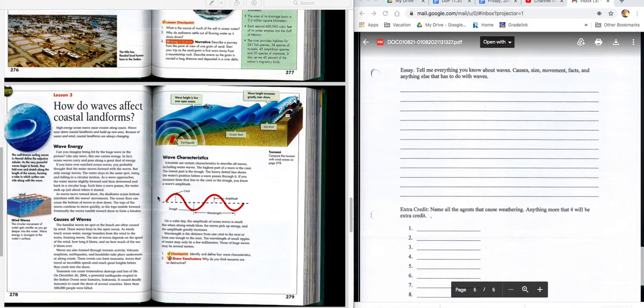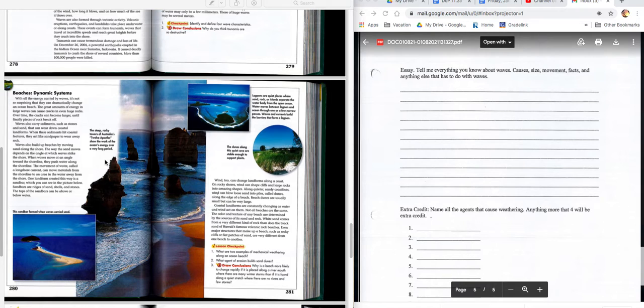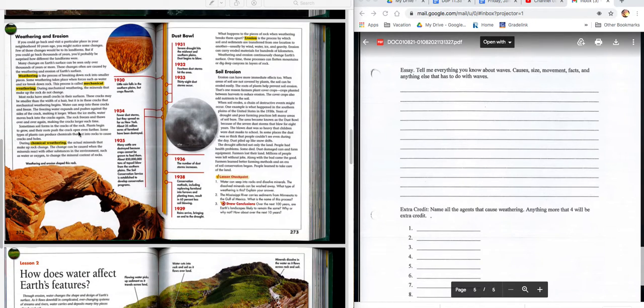So some of us are using the internet and writing things off the internet that aren't in our book. Okay, I'm not interested in that, guys. I'm interested in, can you use the resources you've been given for a 6th grader to pull it off there. So you have to name different things that cause weathering. You had obviously a couple of them as we talked about the beach system, and then obviously the paragraphs in here listed a number of them as well. Your goal is to get 5 or 6 of them, and you get a few extra credit.